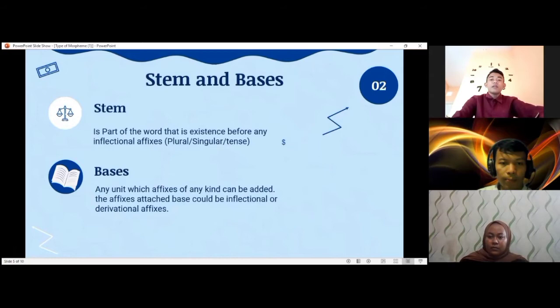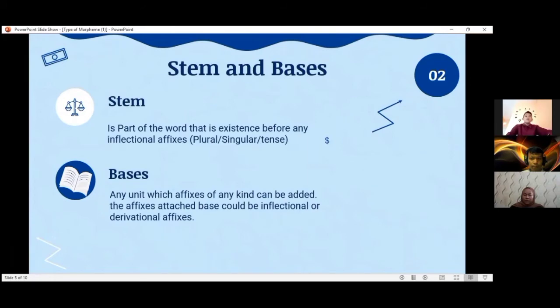And the second one is base. Any unit to which affixes of any kind can be added. The affixes attached to a base are called inflectional or derivational affixes. All roots or bases are called stem only in the context of inflectional morphology. Please continue to the next slide.